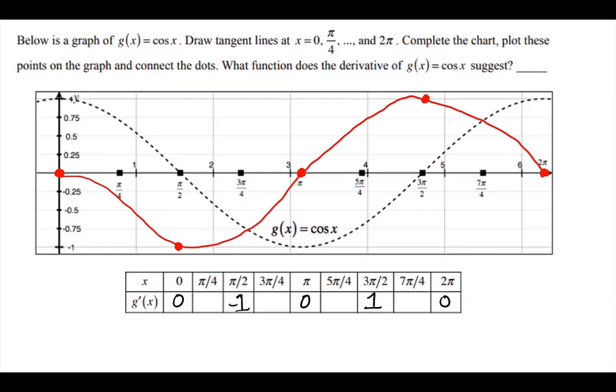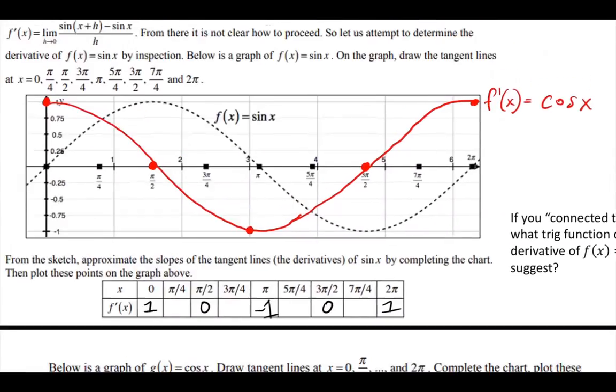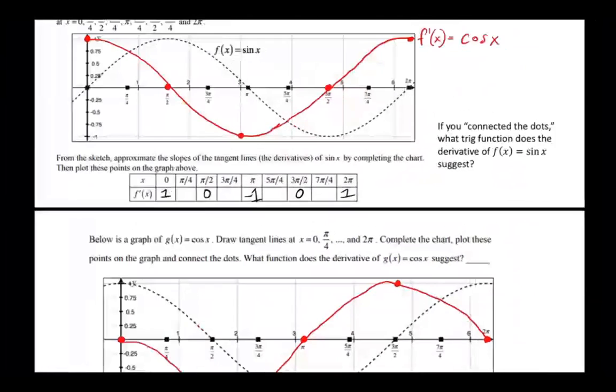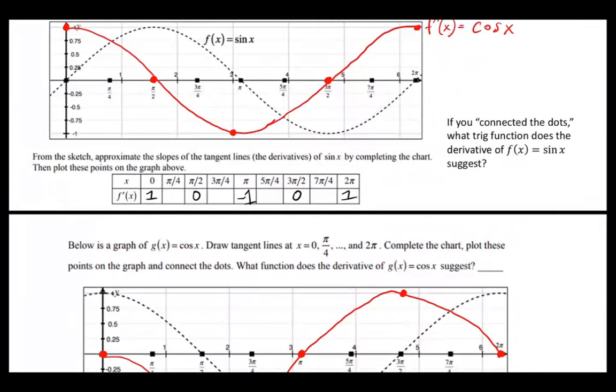It's going the opposite direction, right? So if I compare it with the original sine, when sine goes up, this one goes down. When this one goes up, sine goes down. So it's kind of doing the opposite.